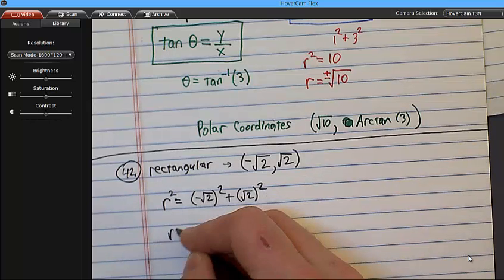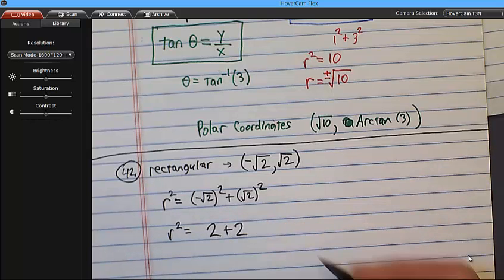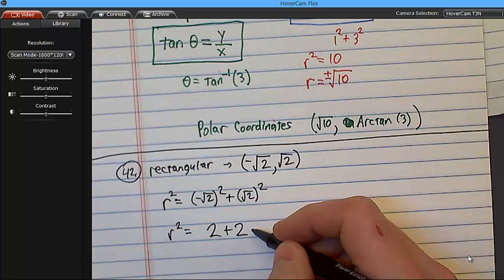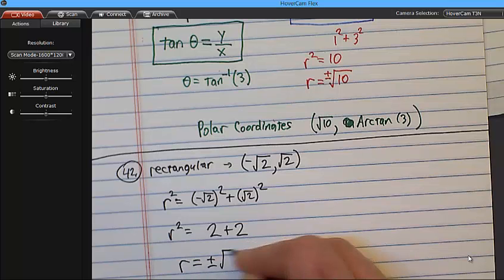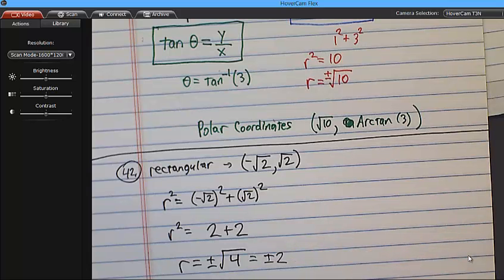So r squared is going to be 2 plus 2. So r squared is 4. So r is plus or minus the square root of 4. So I'm either going to put a plus or minus 2 for my radius. Who's with me so far? Is this okay? All right, so I got r.